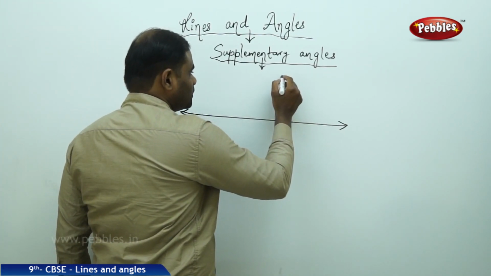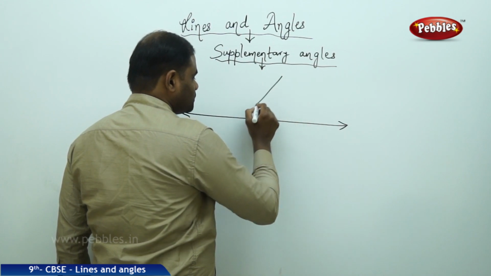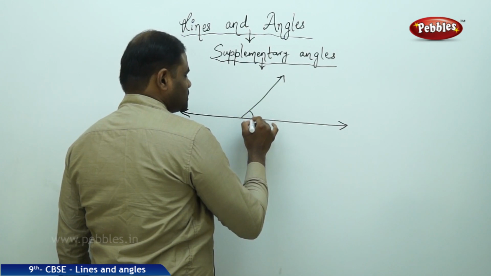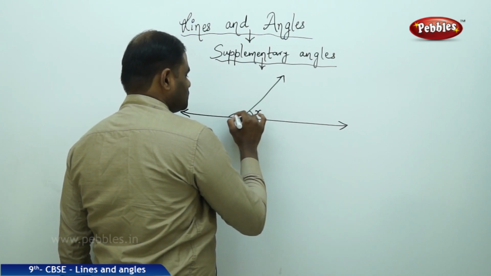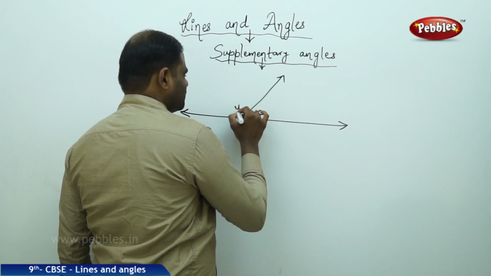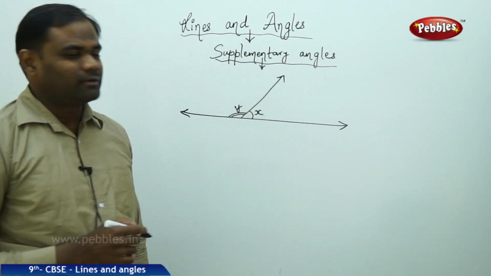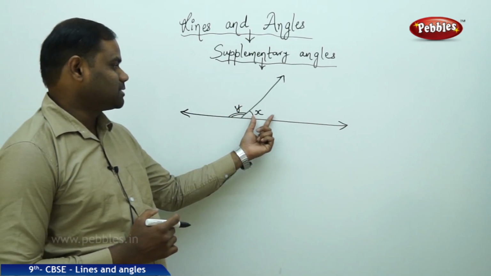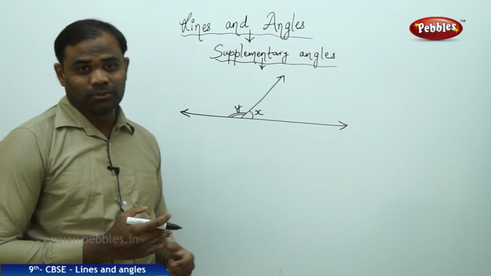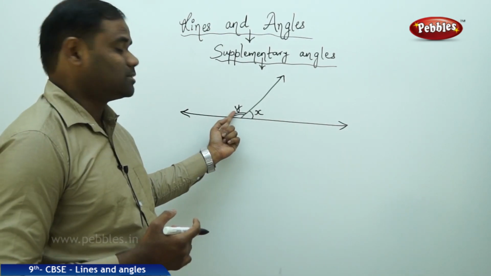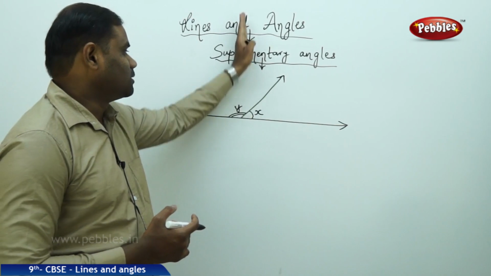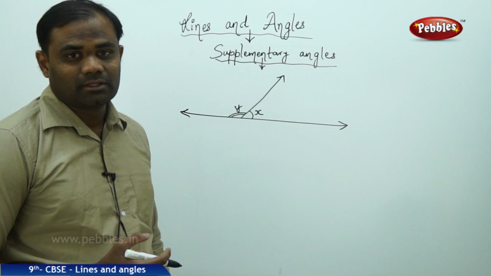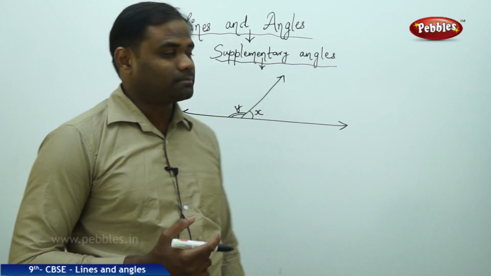Therefore, I have this line which cuts, making this angle X and this angle Y. Clearly angle X is acute and angle Y is obtuse, because this is less than 90 and this is more than 90, as can be seen with an imaginary perpendicular line. X is acute, Y is obtuse.